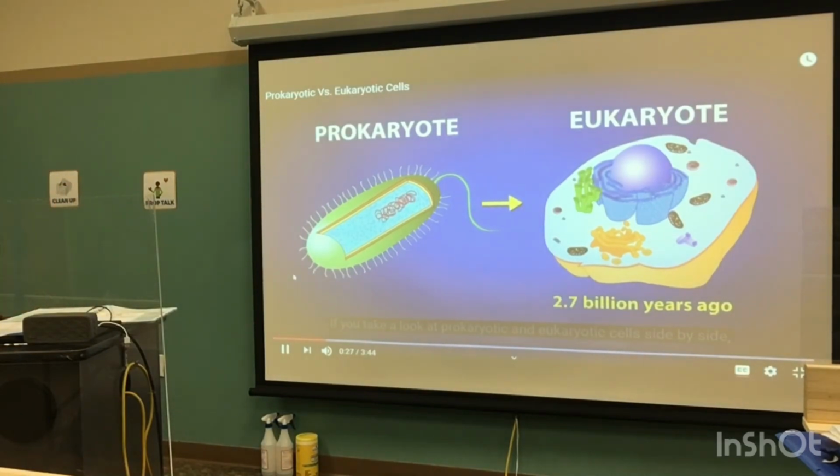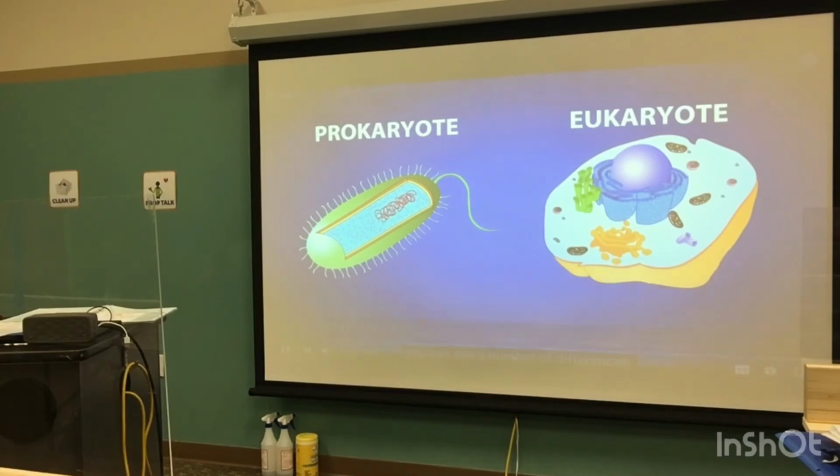Prokaryotic and eukaryotic cells side by side, you can see a number of differences. To begin with, prokaryotic cells are a lot smaller than eukaryotic cells and have a simpler structure. But bear in mind that this simple structure is actually a good thing for prokaryotes because it allows them to reproduce very quickly and very effectively.